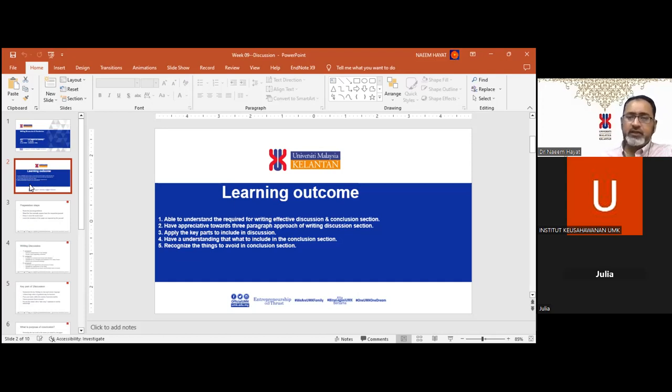In this way, we can have an effective discussion and conclusion section that can go into a good journal, like a Scopus indexed or Web of Science journal.